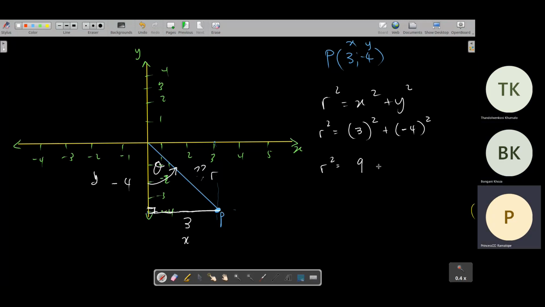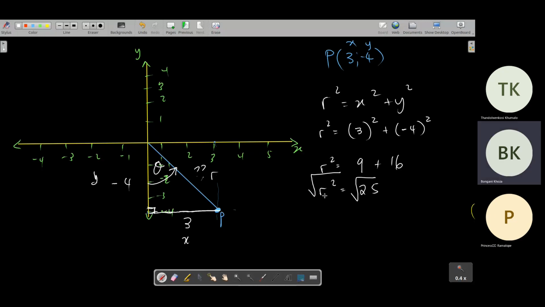equal to 9 plus 16, which is 25. And then we take the square root. Remember, I said when you take the square root on the other side, it's going to be plus minus.